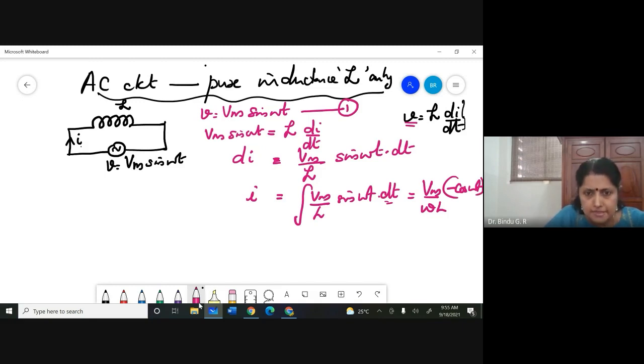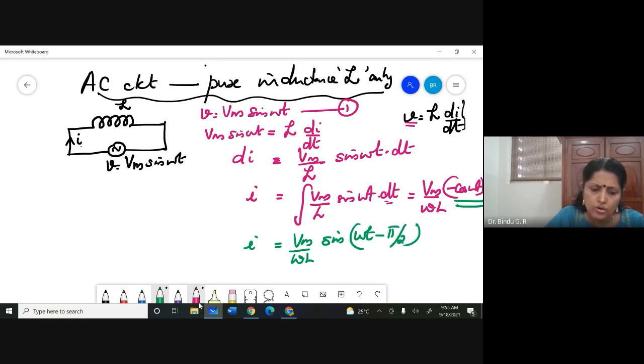This can be written as I is equal to Vm by omega L, and minus cos omega t I can write as sine omega t minus pi by 2. I hope all of you will agree with that.